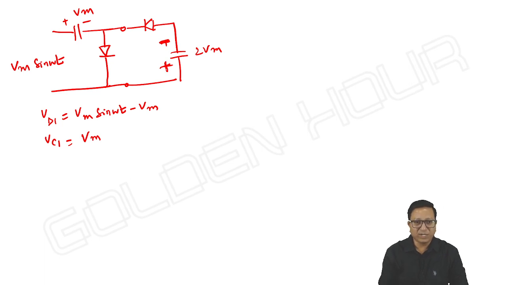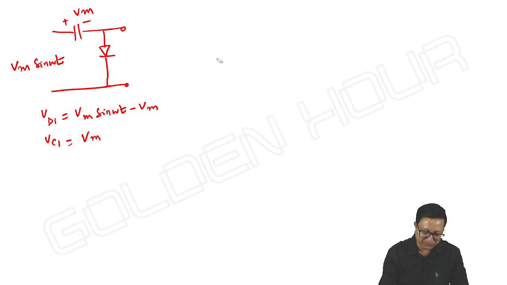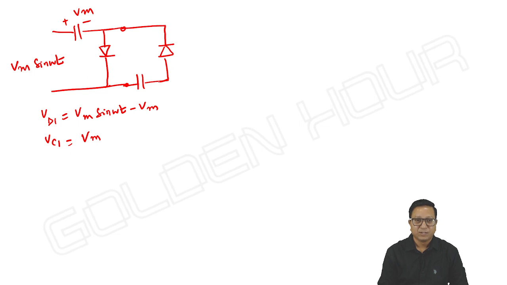Now what I am doing is, just changing the positions. See this, here I am taking the capacitor and the diode is upwards. Instead of taking diode here and capacitor here, it is in this loop, capacitor here and diode here I am taking.